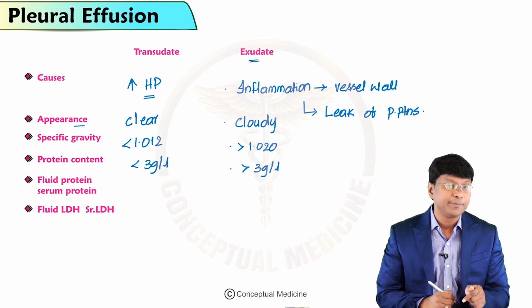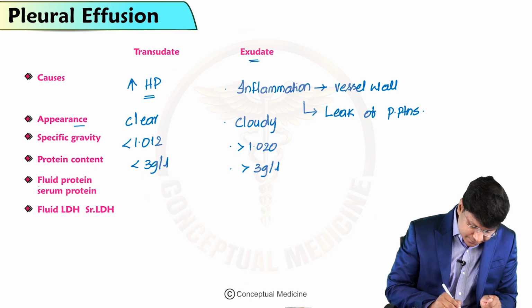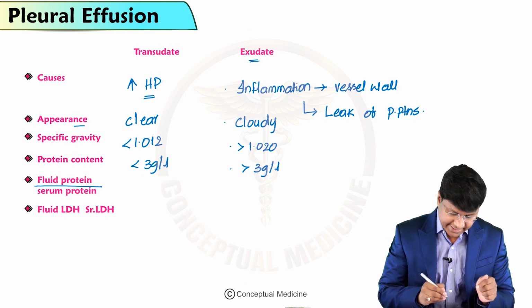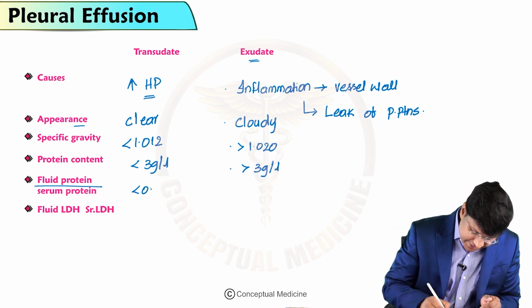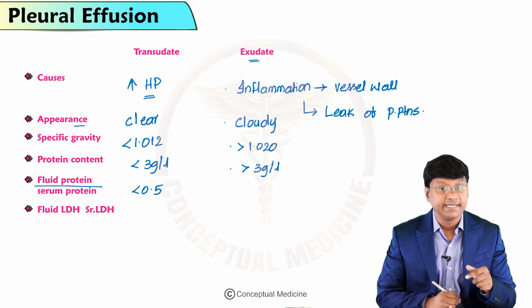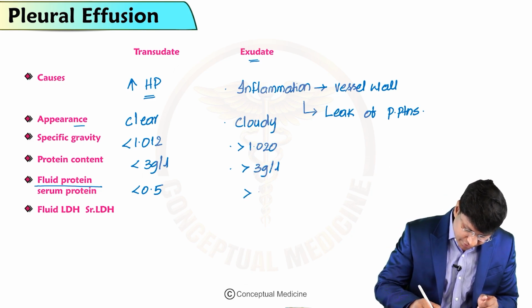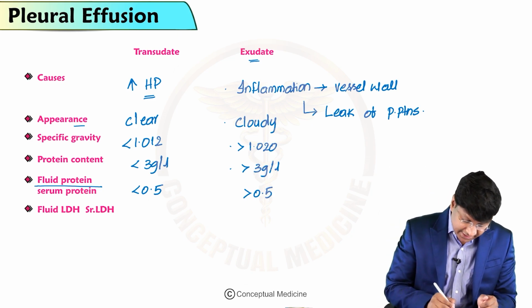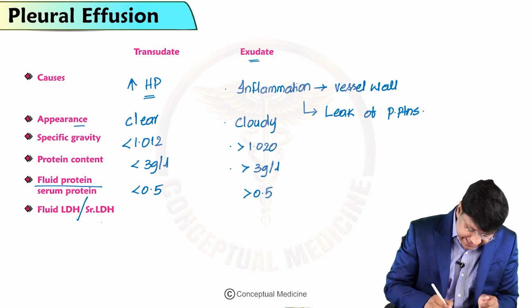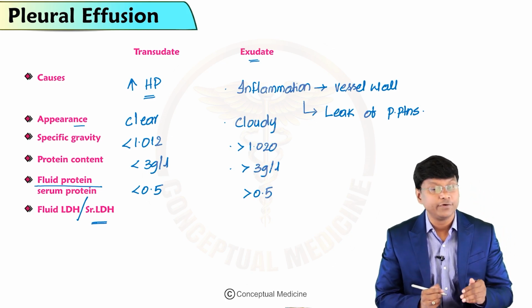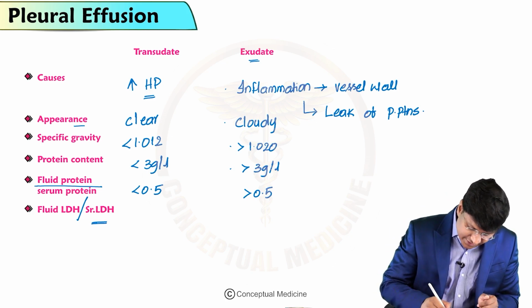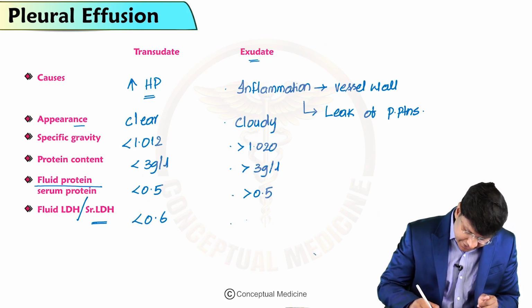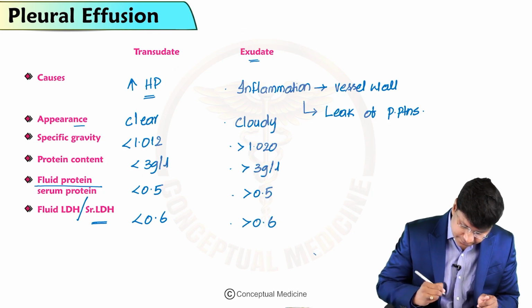And the fluid protein to the serum protein ratio, right? If you see, in transudative the ratio is less than 0.5. In exudative, it is more than 0.5, right? And the ratio of fluid LDH to the serum LDH: in transudate, the ratio is less than 0.6, whereas in exudate, the ratio is more than 0.6, right?